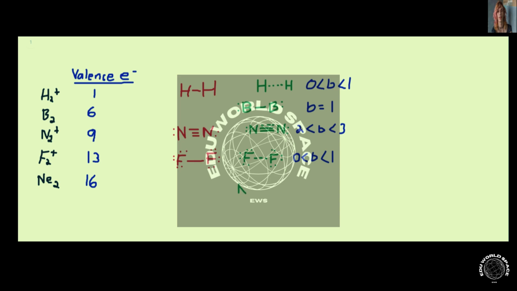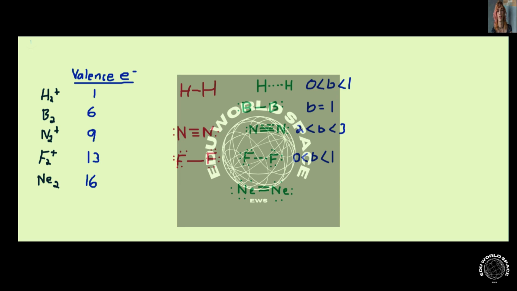Now for neon, it's going to be a bit more complicated. Let's assume our neon has a single bond. Now we have 16 valence electrons in our neon, so let's see how many we have here. We have 2, 4, 6, 8, 10, 12, 14 here, so we're missing 2 electrons. We try to put the bond here, but then we're violating our octet rule, because then neon is going to be surrounded by 10 electrons.